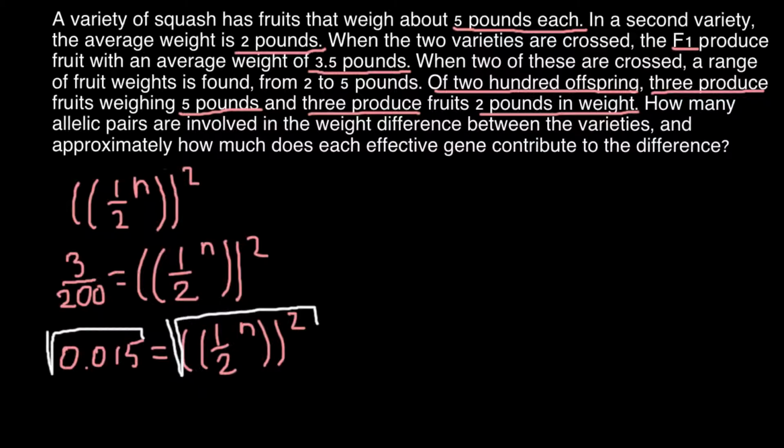So what we are going to get, on the left side we are going to get 0.1225, this is a rounded number, and on the right side we are going to get 1/2 raised to n, and we don't have the power of 2 anymore here. So how are we going to solve for n?